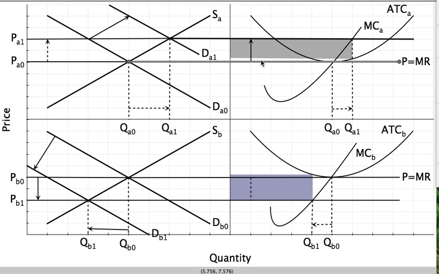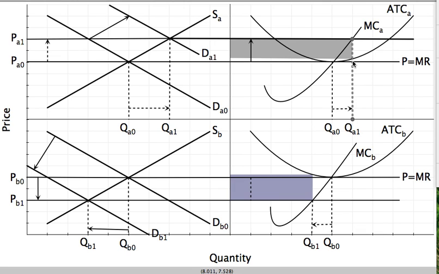So when the price shifts upward, marginal revenue shifts upward. So now we have to go to the new profit maximizing output level. It's where the marginal cost curve intersects the new marginal revenue curve. This point there. So if we go straight down, that gives us our profit maximizing output level. And if we want to determine what the profits are, it's the difference between average total cost and our price.